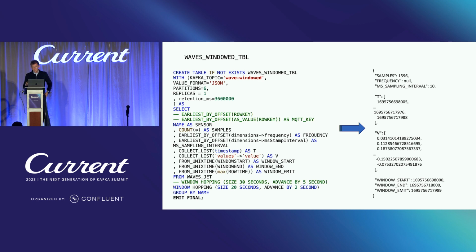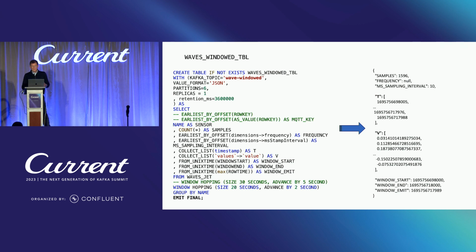So it will be 2 groupings now, right? By name, so by the sensor ID, and by window. And an important thing, we want to do emit final. Remember, we don't want emit changes here, so we don't want to react to each event dropping in the window.